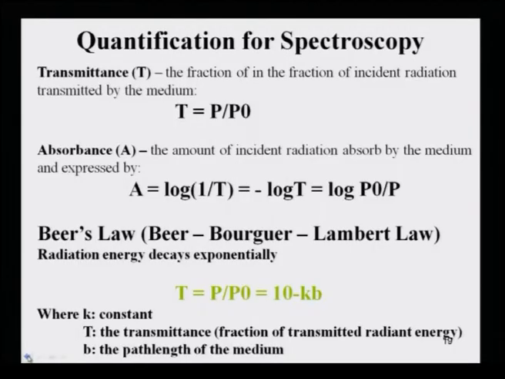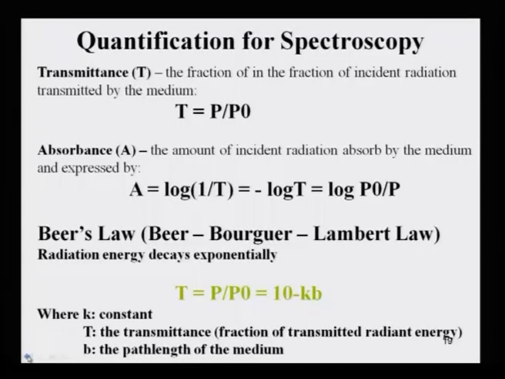Quantification for spectroscopy. Now, this is the most important part of the spectroscopy. Why? Because this is the crux of what happens in a spectroscopic transformation or data collection. Either we consider transmittance, that means the fraction of light that is incident and the fraction of light that is transmitted are compared.